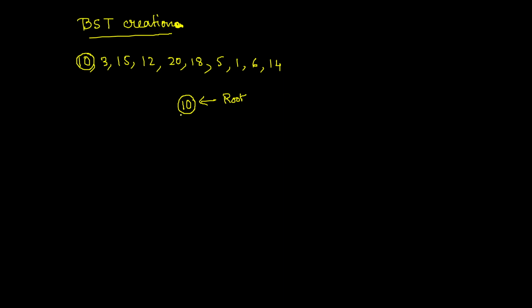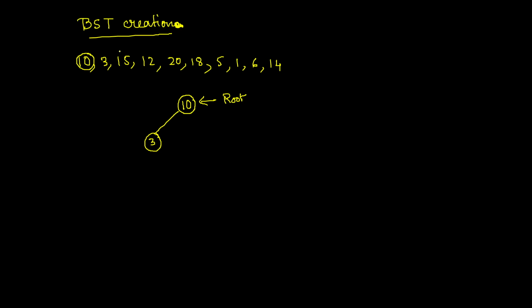The left-hand side of 10 is still blank, so there is no left subtree. Since there is no left subtree present, I can directly connect 3 with 10. So in the left subtree of 10, now we have only one node, that is 3.